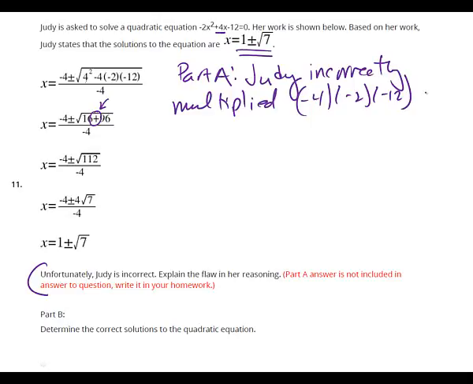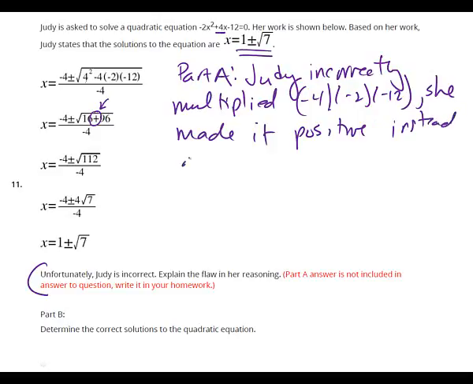She made it positive instead of negative. And as long as you're explaining it in your own words is fine. Okay? I know that my sentence might not even be a proper sentence.